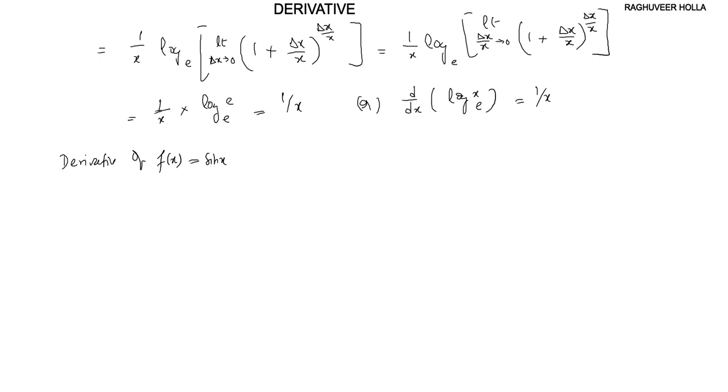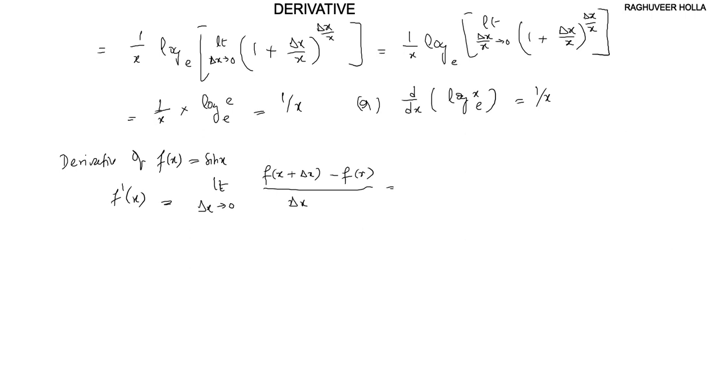Now we'll find the derivative of f of x, which is sine x. Now f dash of x is a limit delta x tends to 0, f of x plus delta x minus f of x divided by delta x, right?